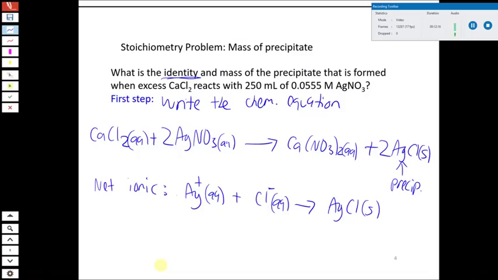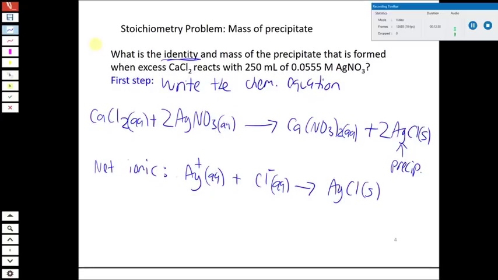All right, so we have this silver chloride as our product that's forming, and we have both the formula equation that we started with, or we can write the net ionic. In principle, we could use either one when we're doing solution stoichiometry. I think it's more convenient just to use the full equation, because you have to sometimes do extra conversions with the net ionic that are a little bit of a source of confusion sometimes.